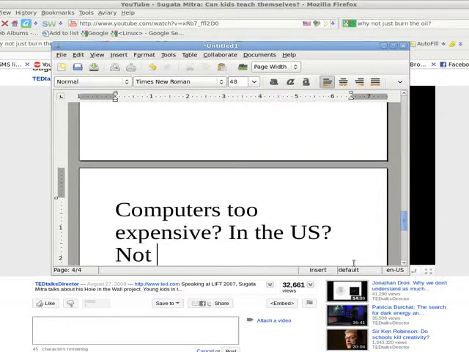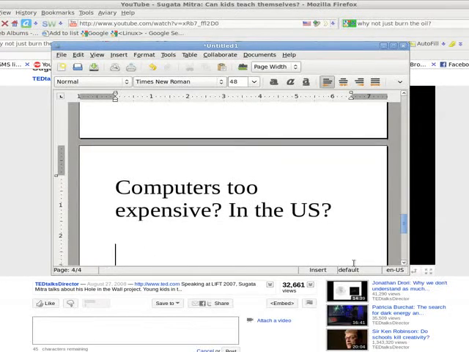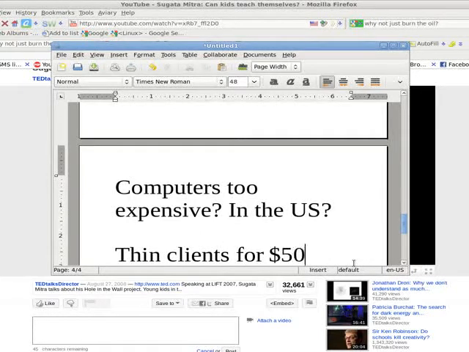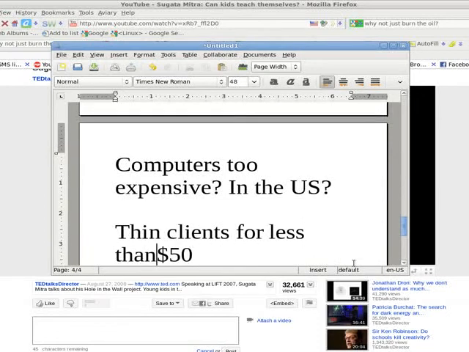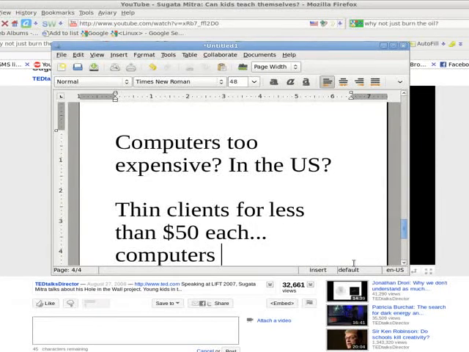You can take old machines and turn them into thin clients for less than $50 each, and I've done it, and I'm surprised that more teachers haven't. But that may be why computers and teachers don't get along very well, because a teacher that knows how to use a computer quickly finds a higher paying job.